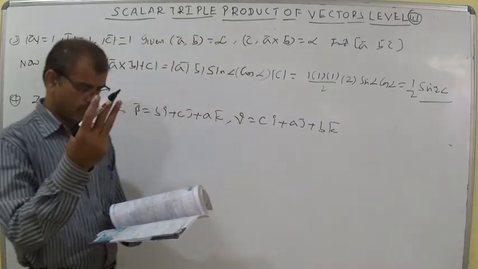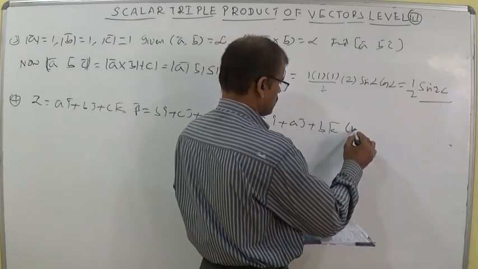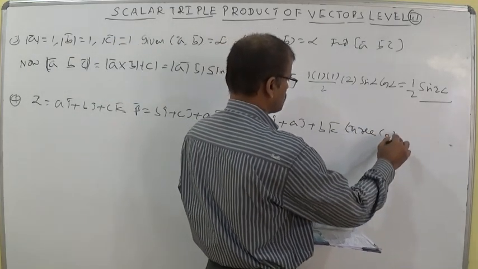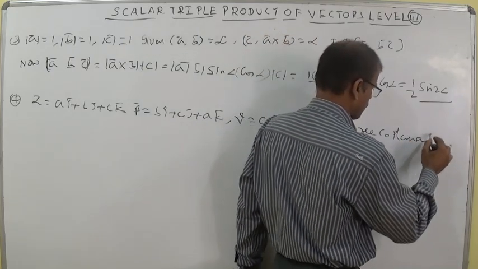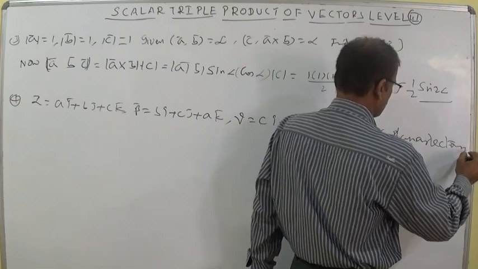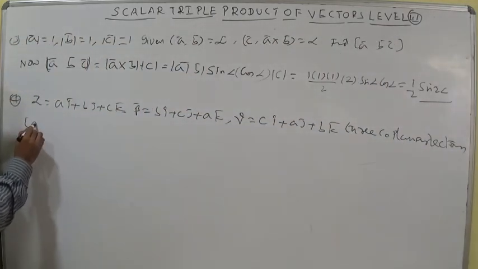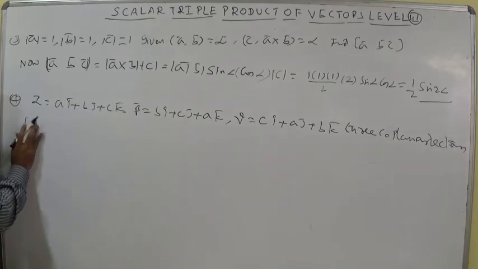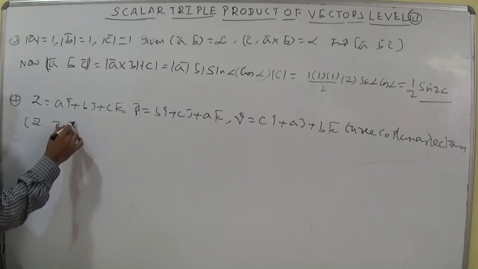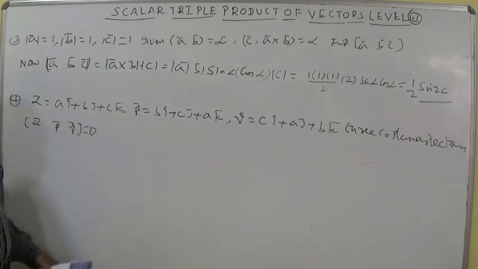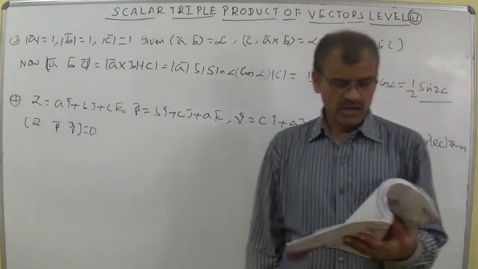They are three coplanar vectors. Whenever the condition of coplanar vectors is given, then we can understand that the value of the box is 0. Here you can write box alpha bar, beta bar, gamma bar equal to 0.